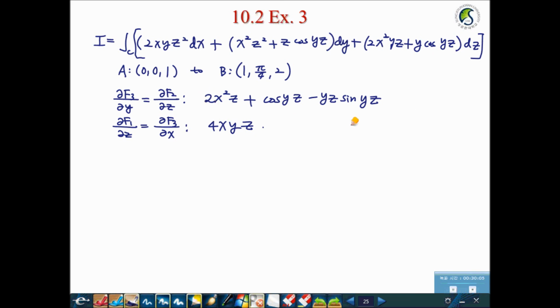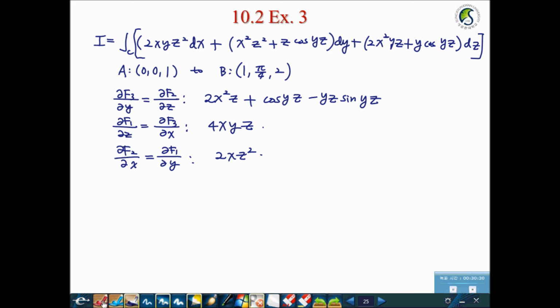And dF2 over dx is dF1 over dy, and they are the same with these terms, okay?